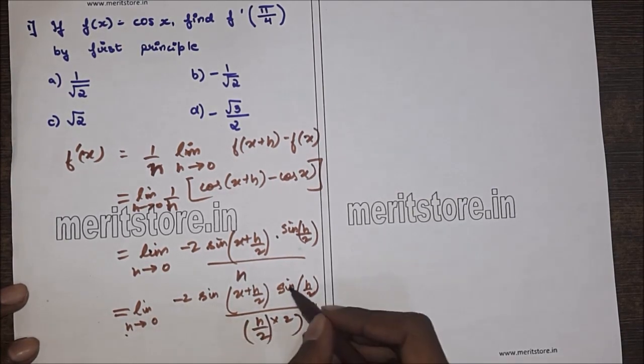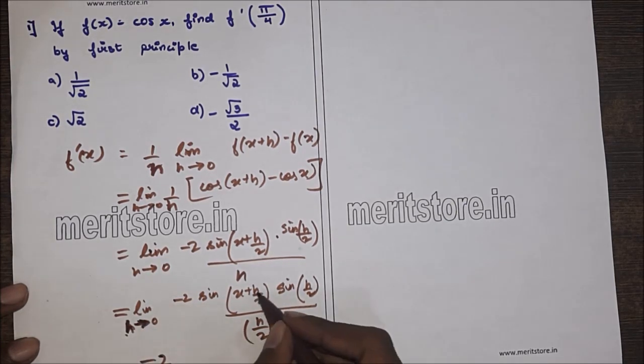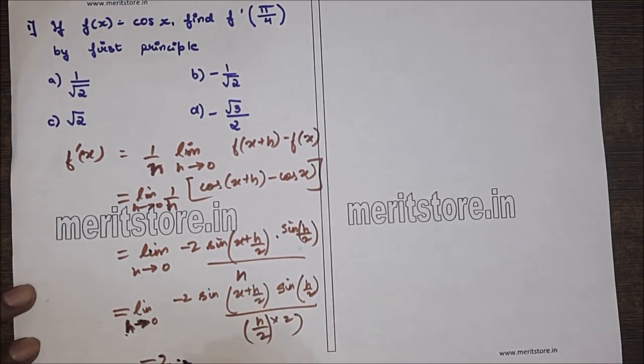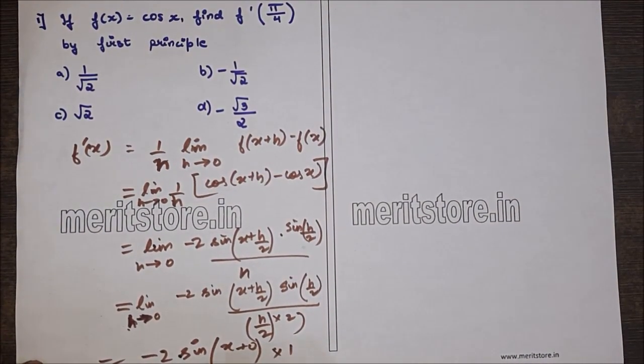Now limit h tends to 0, sine h by 2 by h by 2 is 1. So this is minus 2, and we substitute the value of the limit. We put the limit, so we get h equals 0. So we finally get sine of x plus 0 into 1 divided by 2.